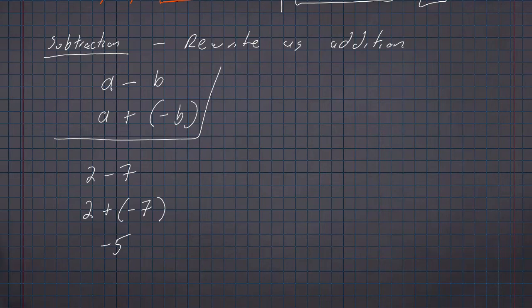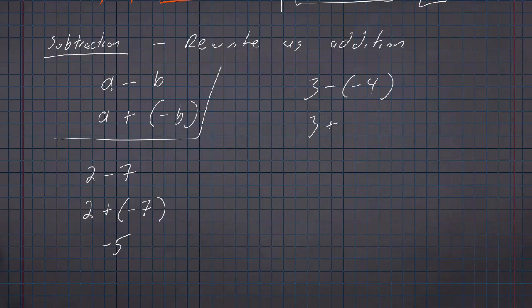If one of our numbers in the subtraction problem is already negative, things can get a little bit messier. 3 minus -4. Rewrite this problem as addition. 3 minus -4 is the same thing as 3 plus the opposite of -4.